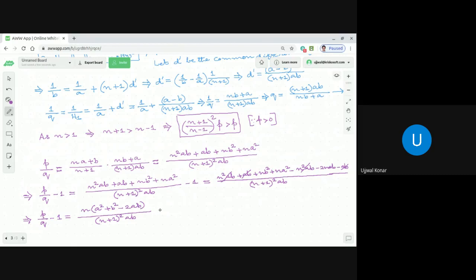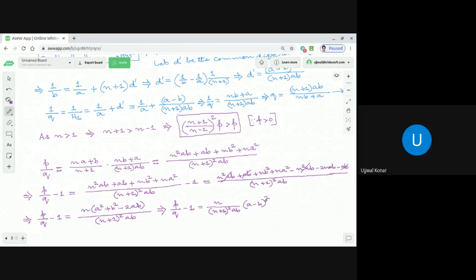So this implies p by q minus 1 is equal to n by (n plus 1) whole square into ab into (a minus b) whole square, correct or not, dear students?